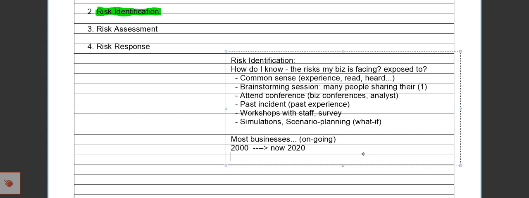For the past 20 years, they must have been through a lot. They must have encountered a lot of problems and gone through a lot of risks. So that 20 years would have equipped them with their own experience, so they now know more about what risks their business is going to face.